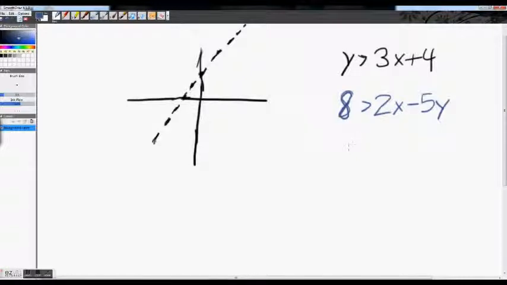We'll subtract 2x from both sides. 8 minus 2x is greater than negative 5y.